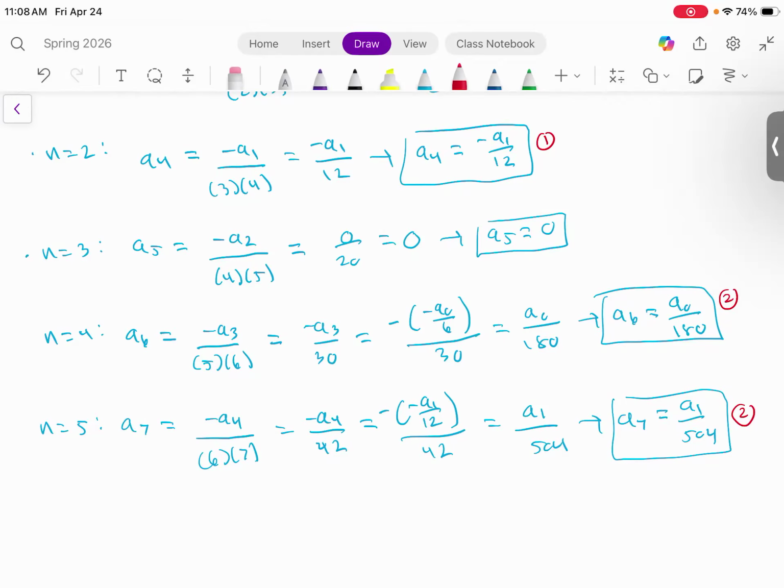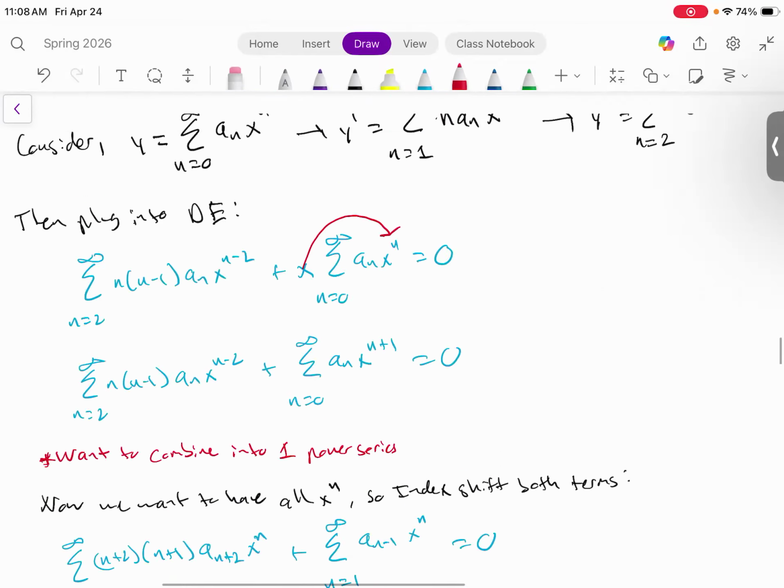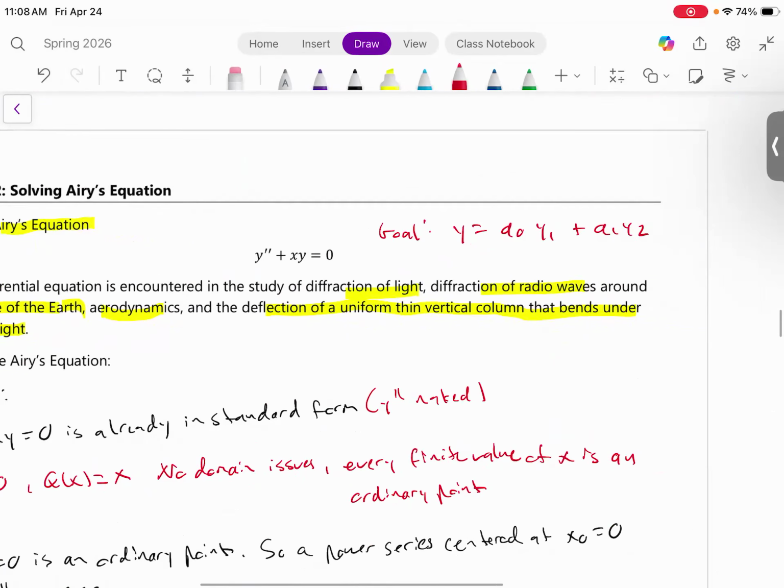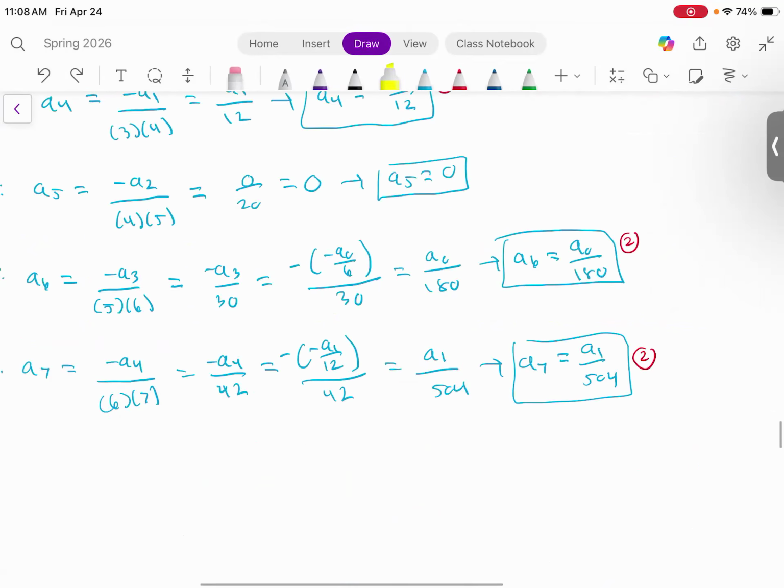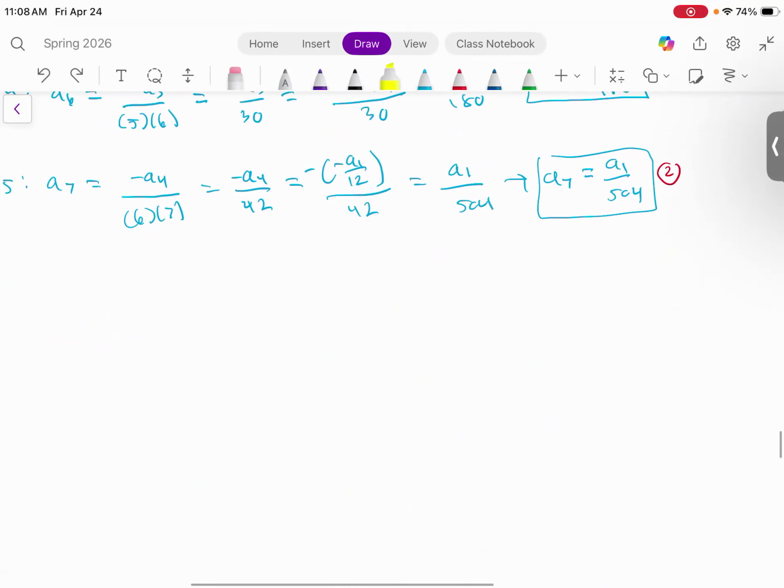Okay, so what were we doing all of this for, right? Once again, I keep reiterating this, but we're trying to get a series that looks like a0 times y1 plus a1 times y2, where y1 and y2 are power series solutions.